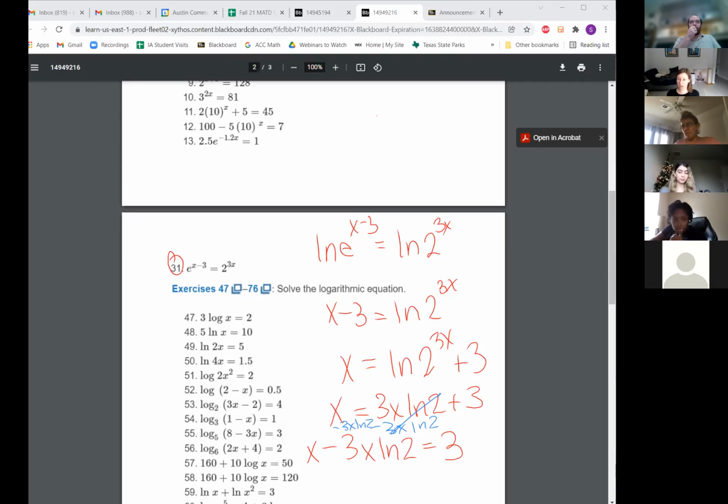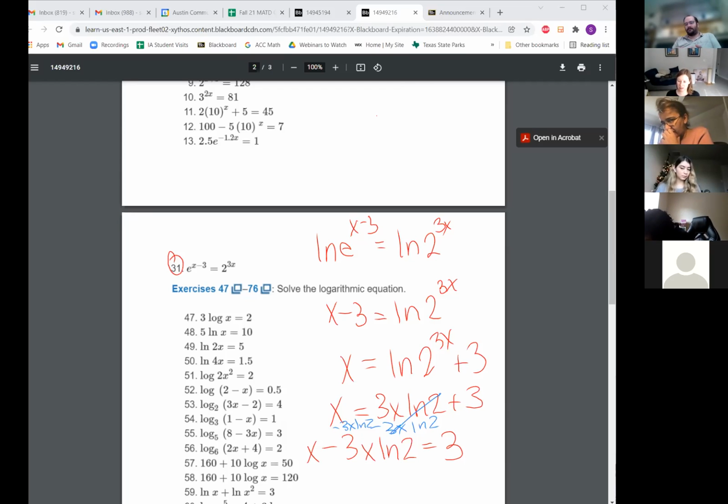We got the x on one side, that's good. Now what? I know Vanessa's doing this problem, but if anyone can help out. The x's are on one side, that's good. Now what? Jade, any ideas? Fidel, any ideas?